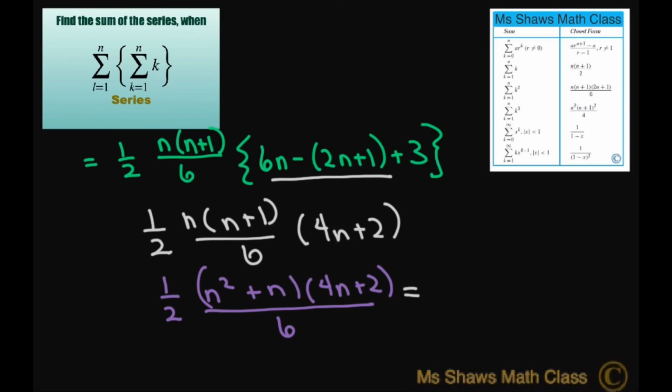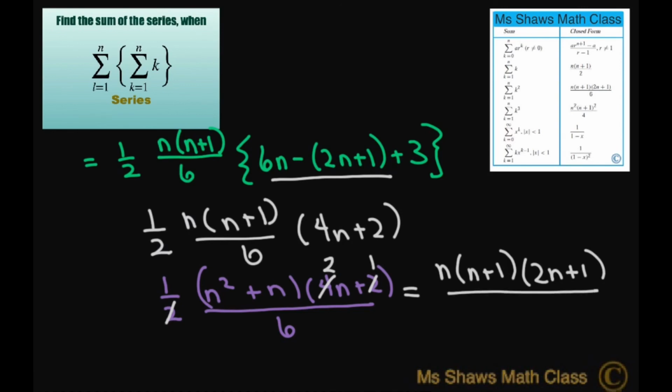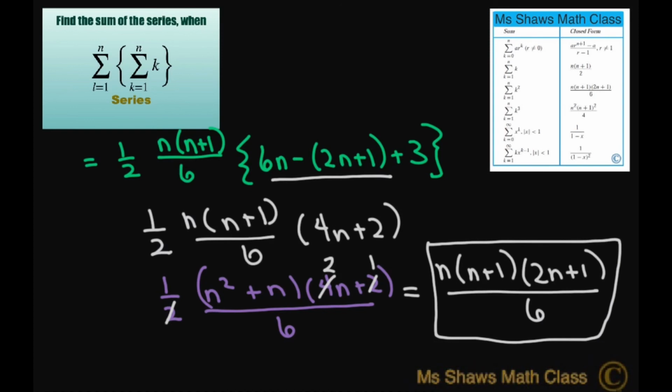You can take this 2, and it goes into this 2 times and this 1 time. Then we're left with n times n plus 1 times 2n plus 1, all divided by 6. And that is your final answer if you factor it all out.